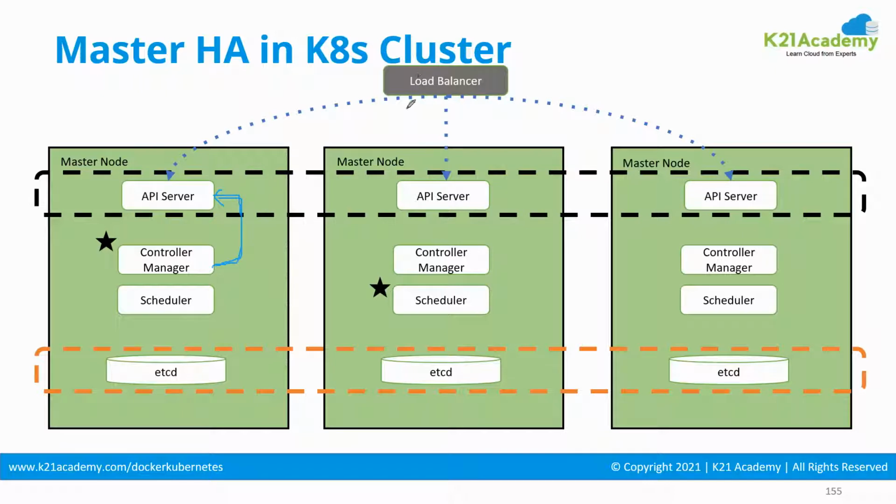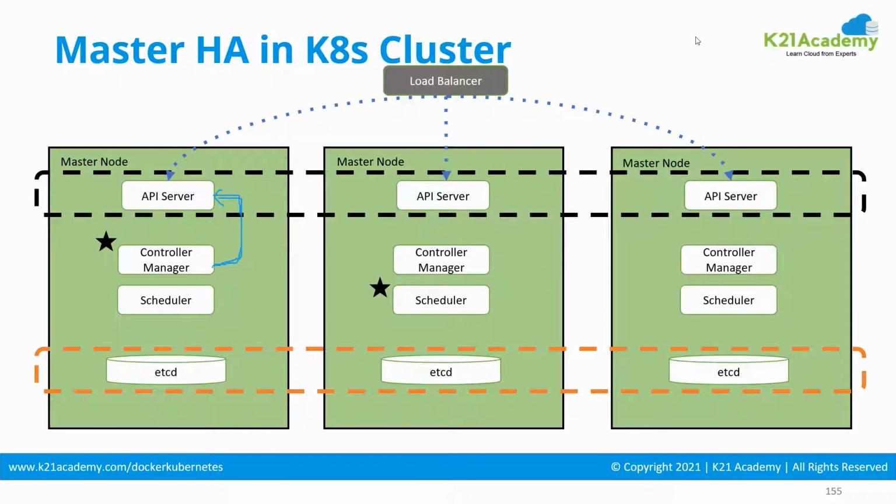I'm a little bit confused. Let me tell you why I'm asking this question. I understand that each component in the master server has its own API server, controller, scheduler, etcd. These are the master resources, and each master has its own set of these resources.